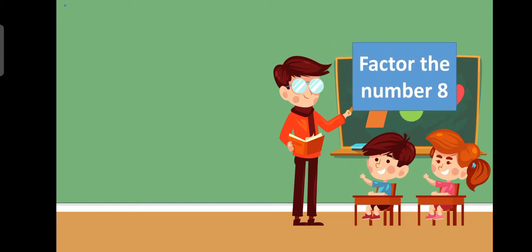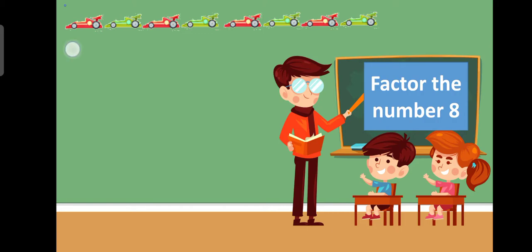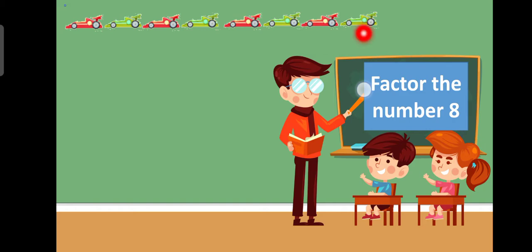We have another example. The factors of number 8. We will arrange these cars in one row. How many columns does this row have? 1, 2, 3, 4, 5, 6, 7, 8.